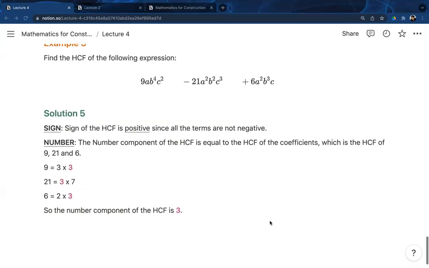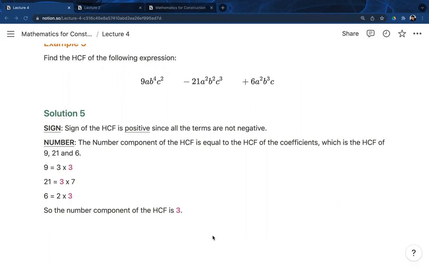What about the letters though? A is here, A is here, A is here. So A is common. B, so B is common as well. C, C, C. So A, B, and C are common.